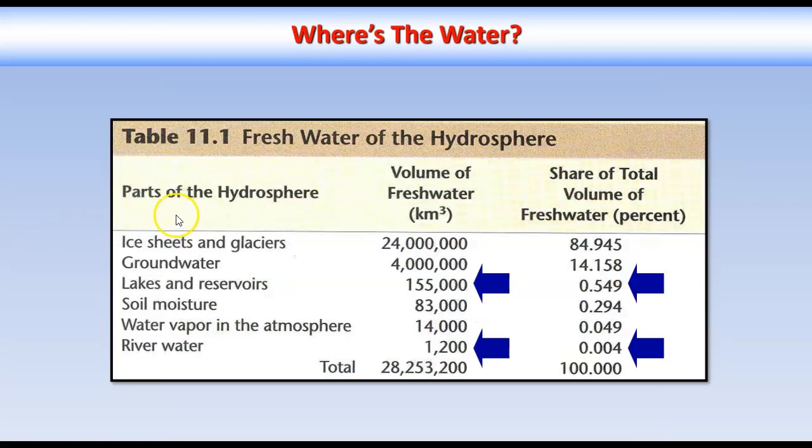But if we take away the oceans, because we don't care about those at the moment, we want to just look at freshwater. This is where all the fresh water is. Most of it is in ice sheets and glaciers, at least at this point in time. There's some groundwater, and we'll talk about groundwater and some hazards related to it.